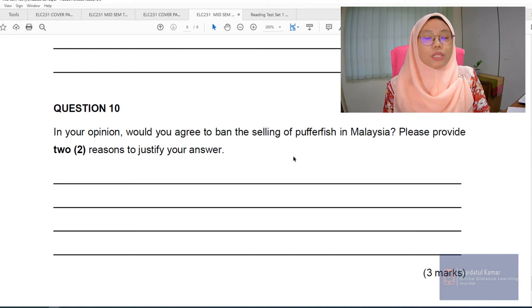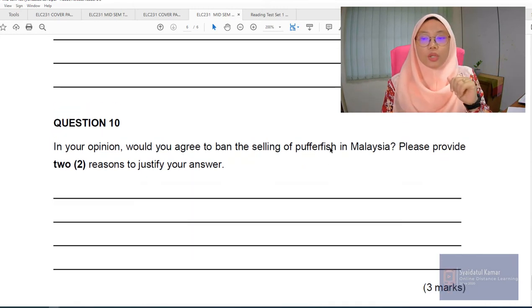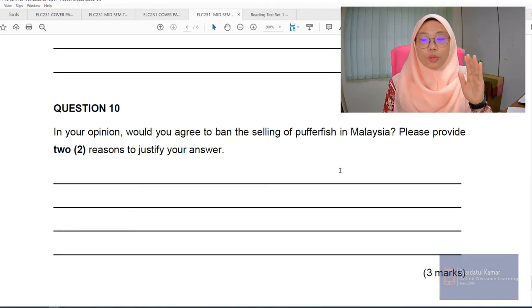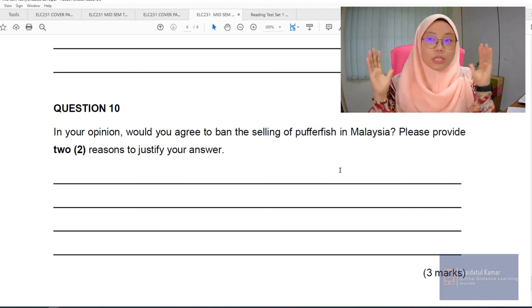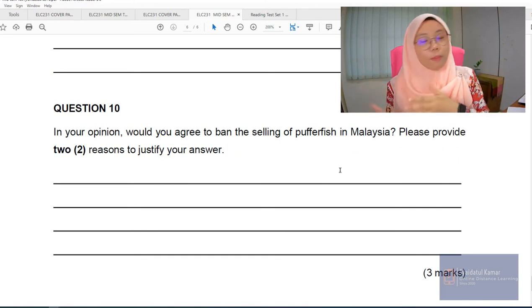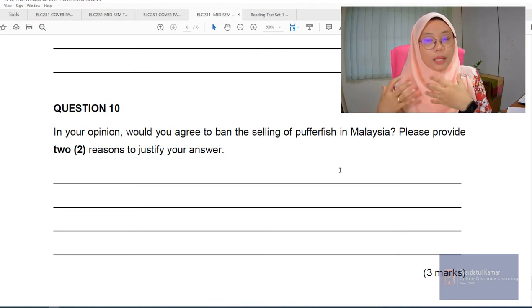Provide 2 reasons to justify your answer. Again, question number 10 is asking for your opinion. It's not necessary for you to copy the answer from the article. You just give your opinion as long as it supports your idea or your answer, and that is acceptable.